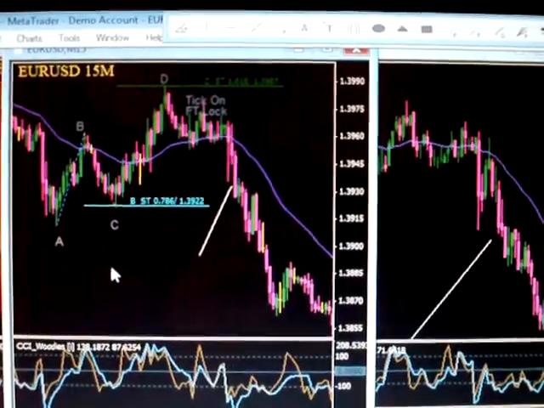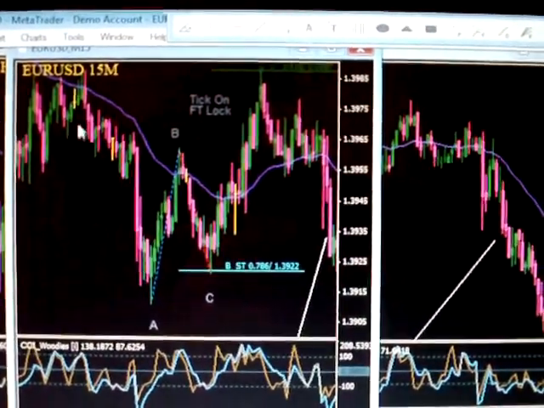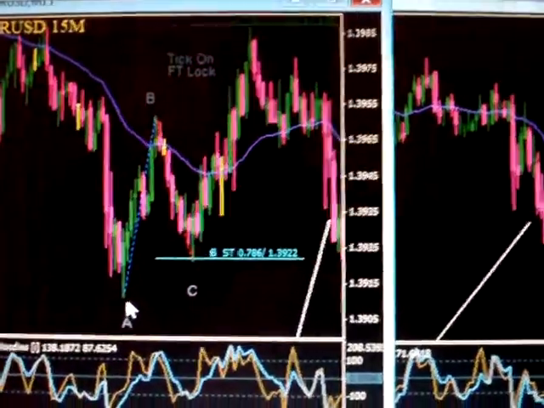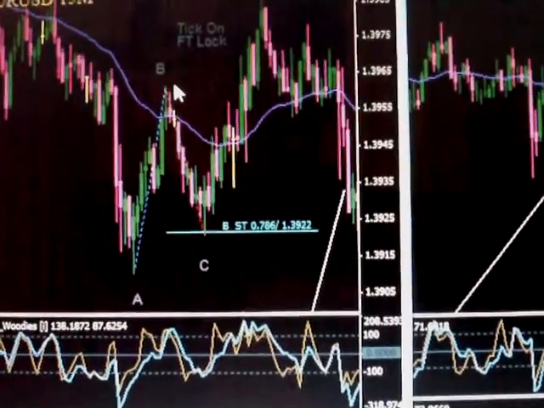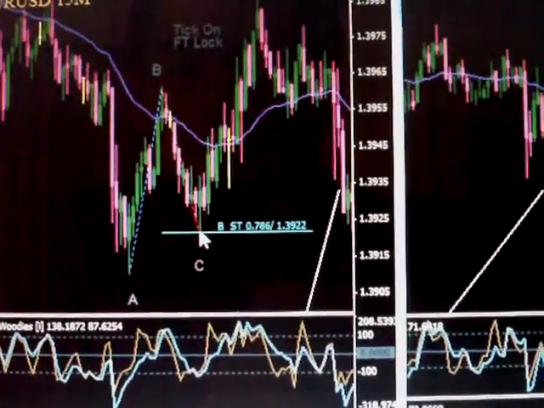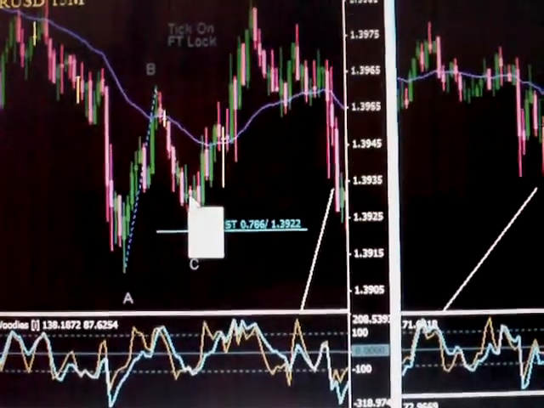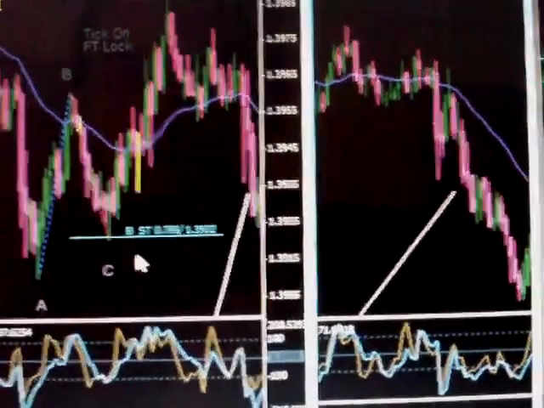This is a two-step correction in the context of a downtrend. Here's the downtrend. From point A, it makes a corrective rally, and then the rally stops, and then the decline continues, but it stops at the 786.